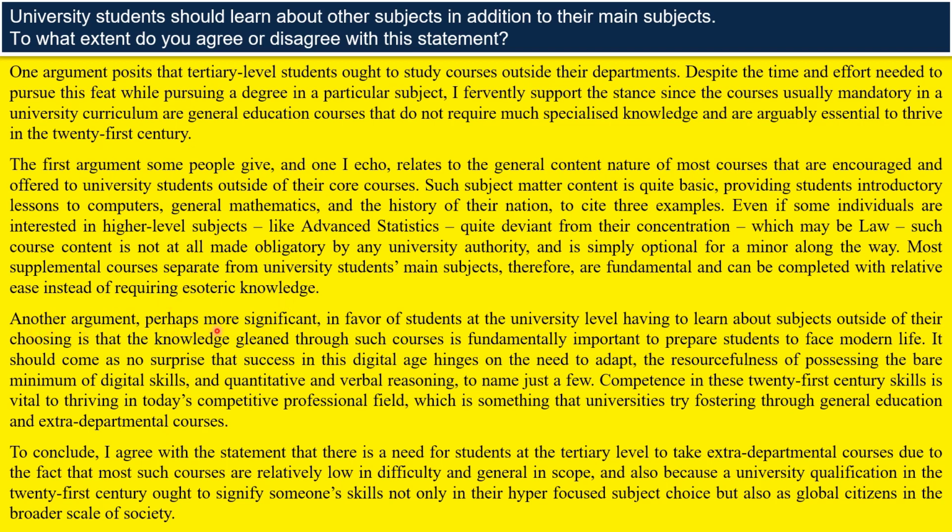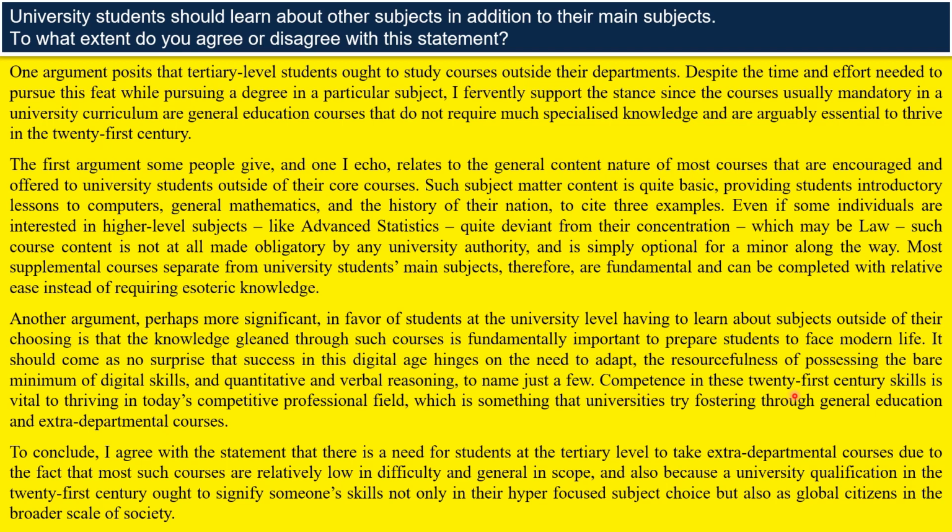Another argument, perhaps more significant, in favor of students at the university level having to learn about subjects outside of their choosing is that the knowledge gleaned through such courses is fundamentally important to prepare students to face modern life. So this is the topic sentence. It should come as no surprise that success in this digital age hinges on the need to adapt, the resourcefulness of possessing the bare minimum of digital skills, and quantitative and verbal reasoning, to name just a few.